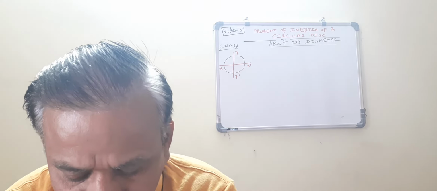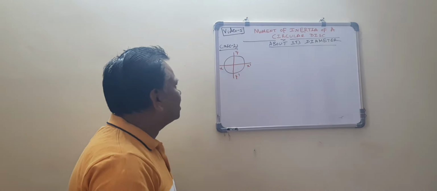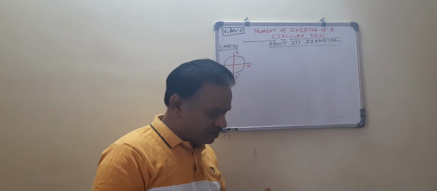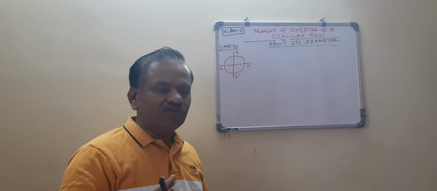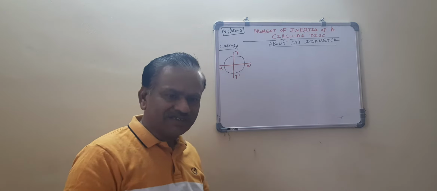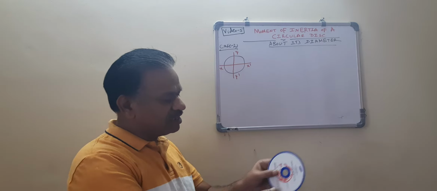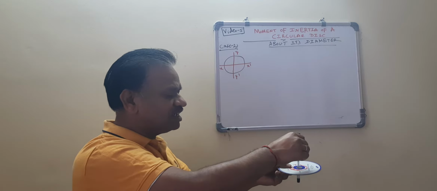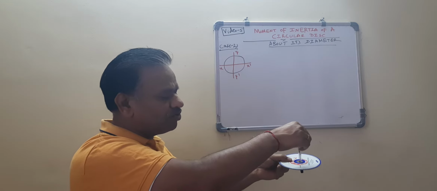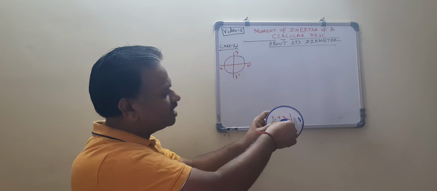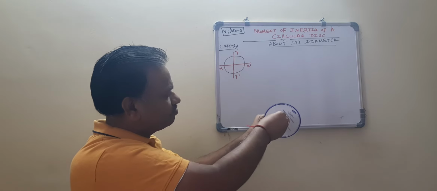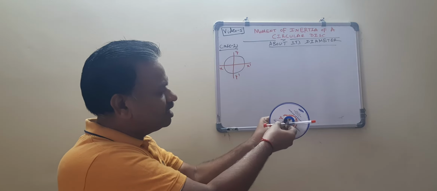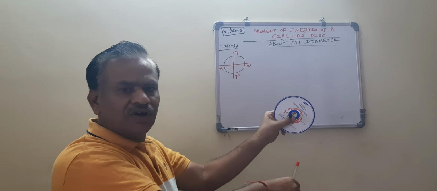Students, now I am going to apply, based on the symmetry, the perpendicular axis theorem. I told you, passing through its center and perpendicular to its own plane. Can I turn it like this? This is the X-axis, this is the Y-axis.